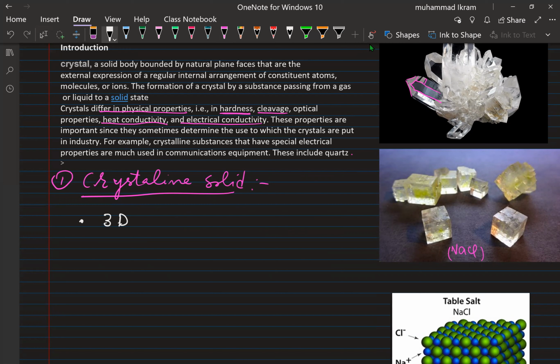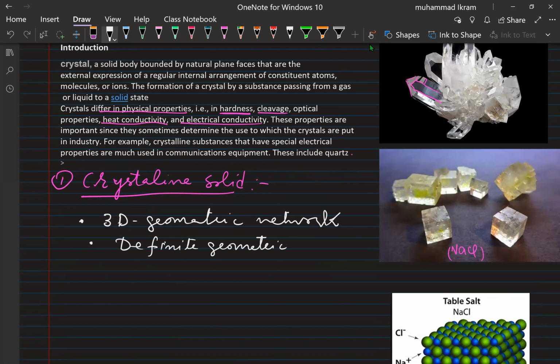For this 3D geometric network of molecules or atoms, what does this mean? That in crystalline form or in crystalline solids, they have a definite geometric pattern or shape.